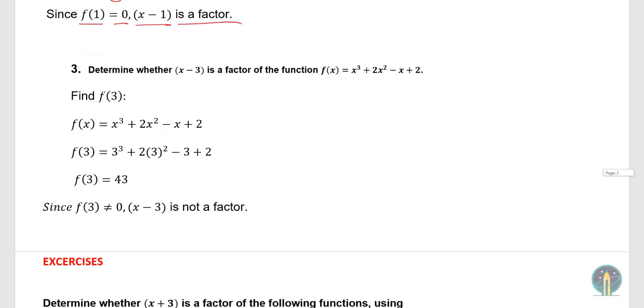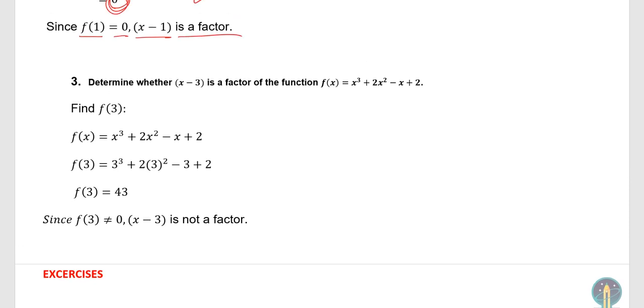Next example. Determine whether x minus 3 is a factor of this polynomial, x cubed plus 2x squared minus x plus 2. Again, all we need to do is find f of 3. So plug in 3 for the x's. So f of 3 is equal to 3 cubed plus 2 times 3 squared minus 3 plus 2. So 3 cubed is 27, plus 3 squared is 9, times 2 is 18, minus 3 plus 2.